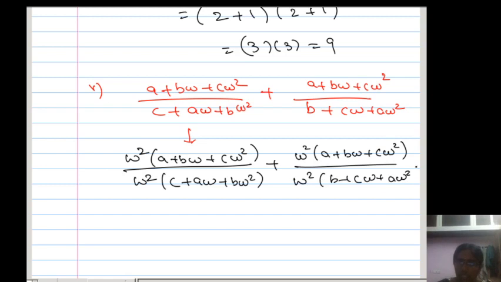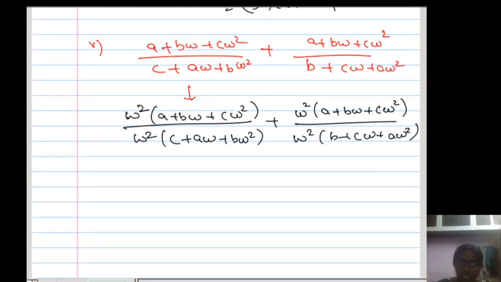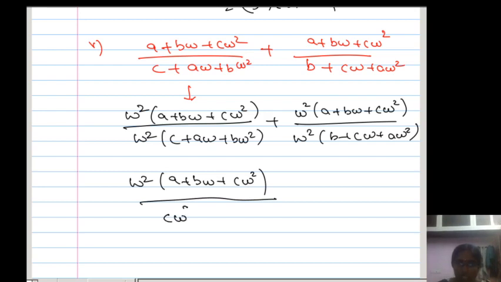In the numerator I keep ω² as it is, but in the denominator I multiply inside: ω² into c is cω², ω² into aω is aω³ which is 1, so a, plus ω² into bω², bω⁴ means bω. Similarly here, I multiply ω² in the numerator, but in the denominator I keep 1/ω² as it is, into (b + cω + aω²).